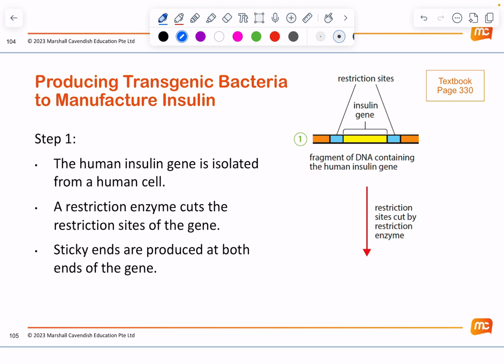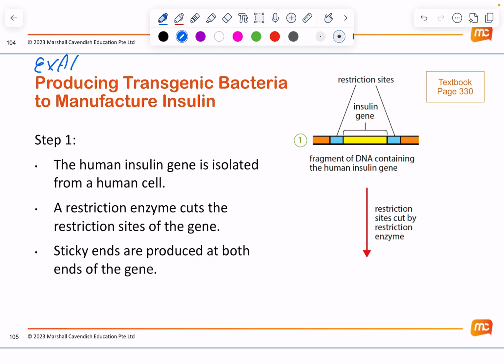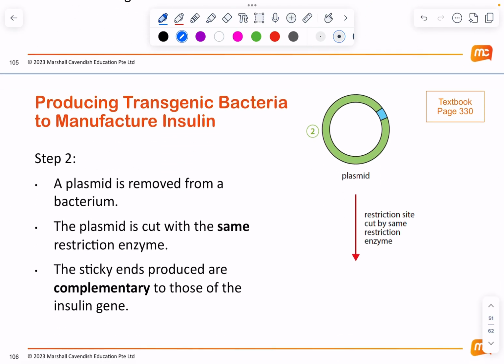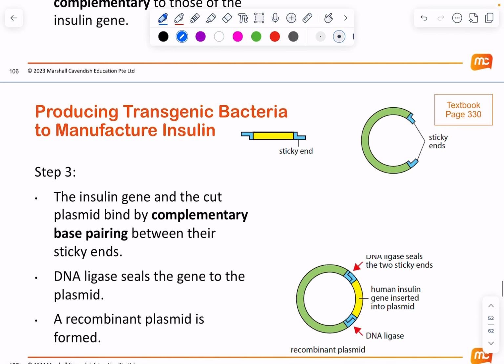This is all part of the exam that you need to know. After you cut it, you need to take a plasmid from the bacteria, because that's the vector. We take the plasmid and cut it with the same restriction enzyme so that you form complementary sticky ends to stick the insulin gene into it.